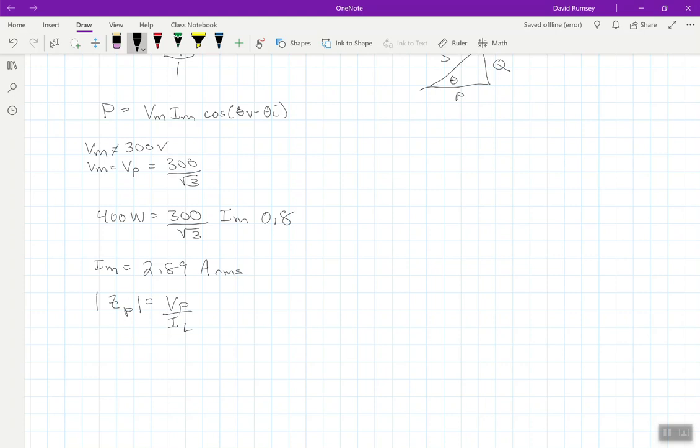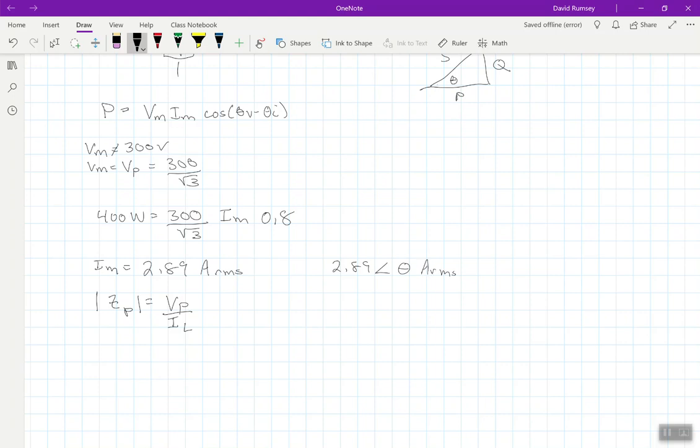That's going to get me the magnitude of my load impedance. Now again, that's not going to give me the phase, but it's saying the per phase load impedance. So this isn't in complex form. So really this should be 2.89 at an angle of, let's just say, theta amp RMS.